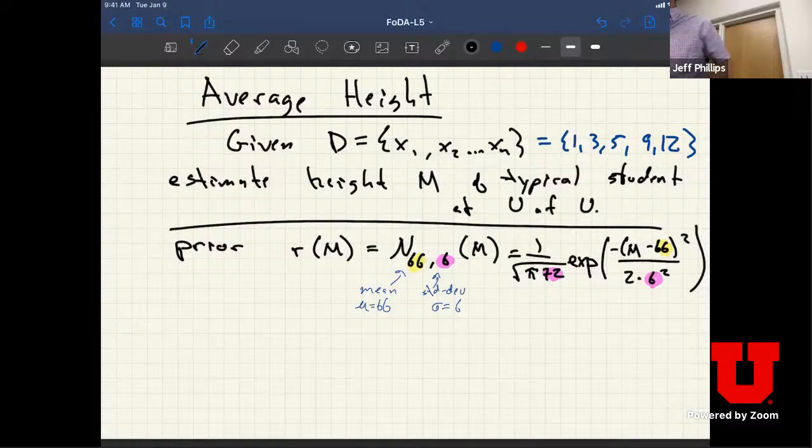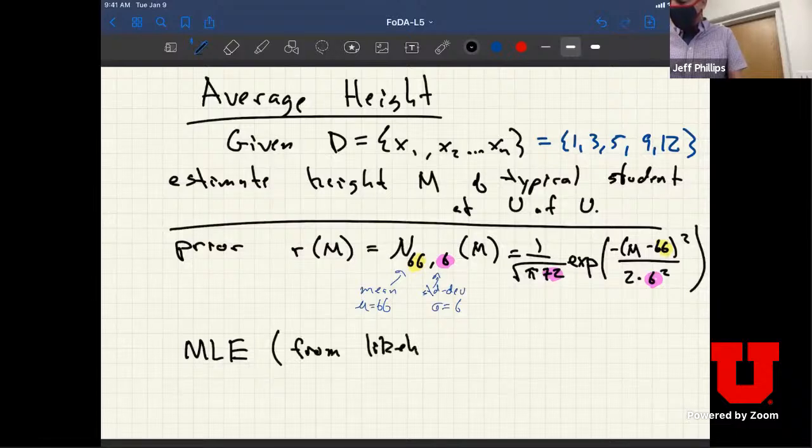Okay, so we want to somehow combine these together. But before we do, one of the first useful things here: let's say I got an estimate from the data, and I calculated the MLE, this is from just the likelihood on the data D that I have.